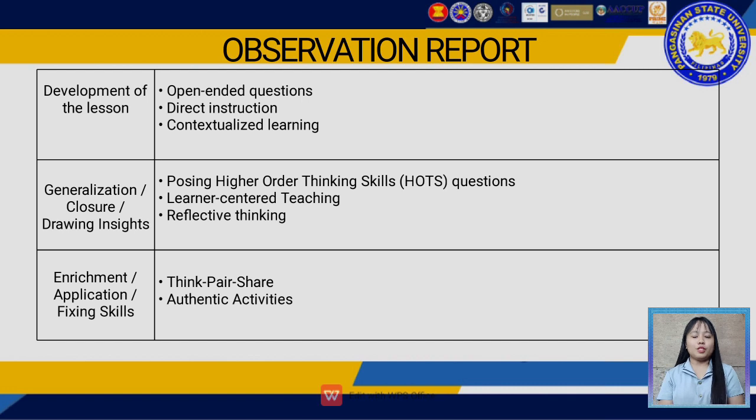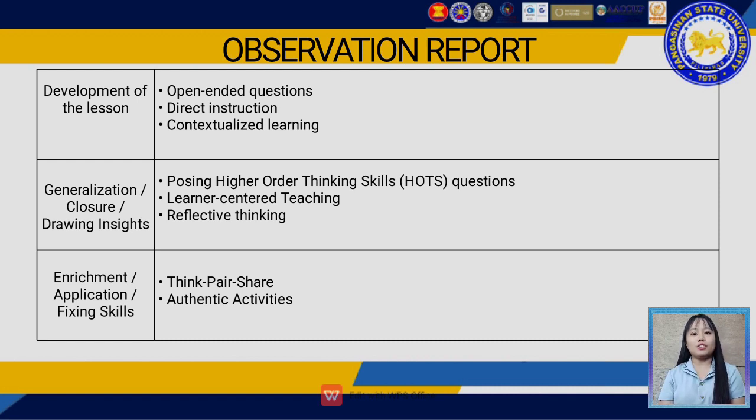And for the next procedure, we have here the development of the lesson, wherein they use open-ended questions, asking the importance of the specific lesson that encourages the learners to draw general conclusions. And also, direct instruction. The teacher uses direct instruction which comprises reading of syllables and forming words.